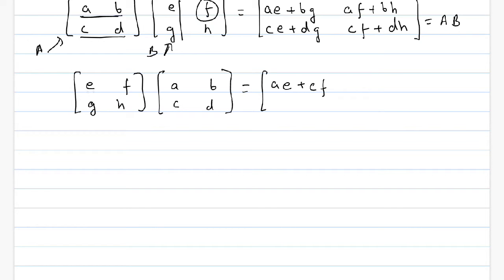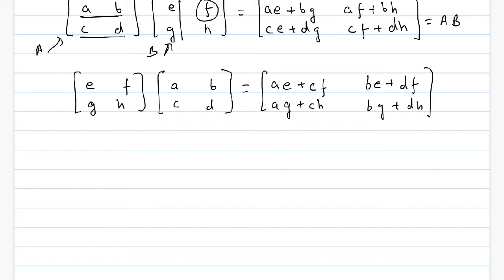Then first row, second column, so we'll have EB plus, I should write it as BE, BE plus DF, and then we'll have second row first column AG plus CH, and second row second column BG plus DH.